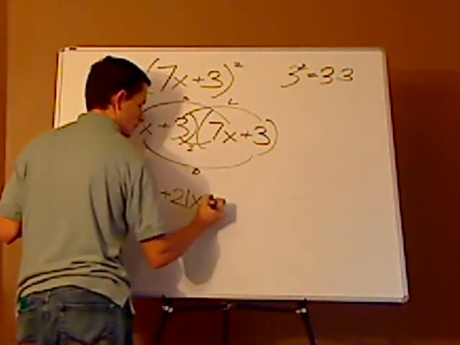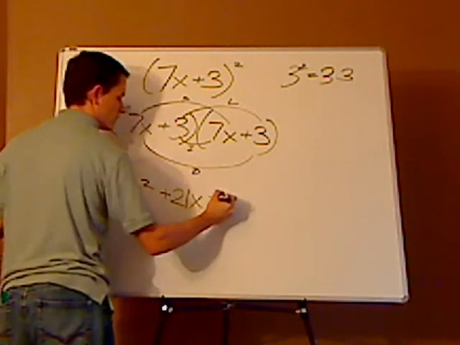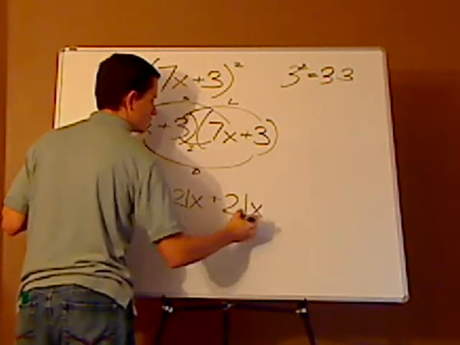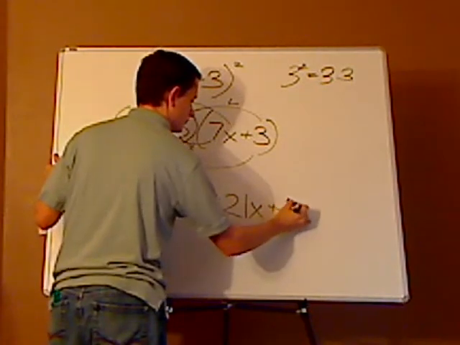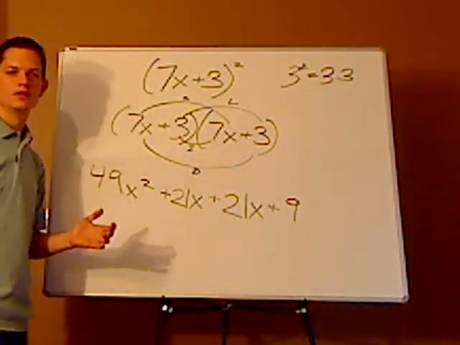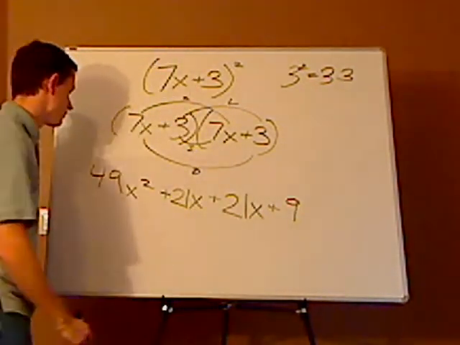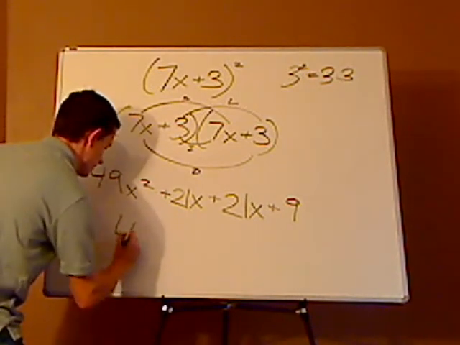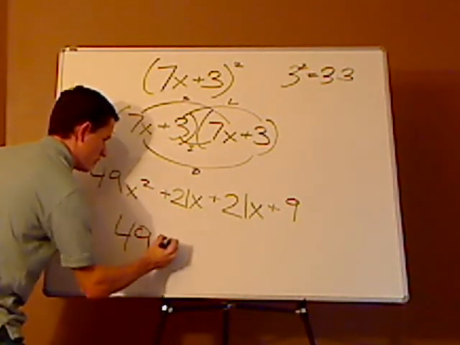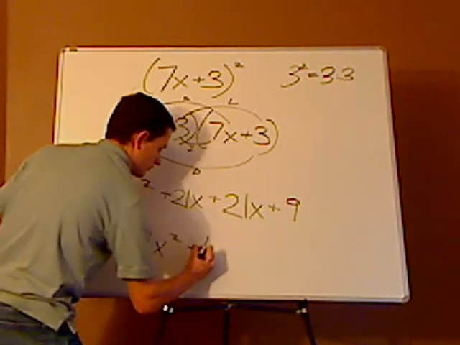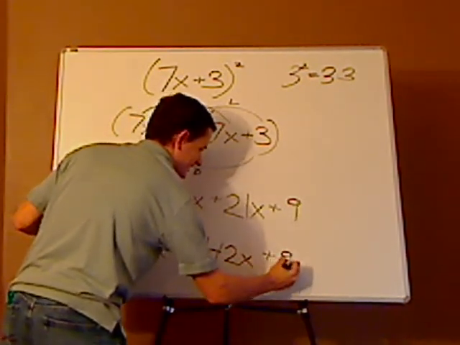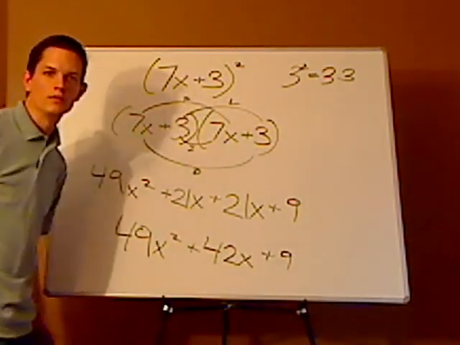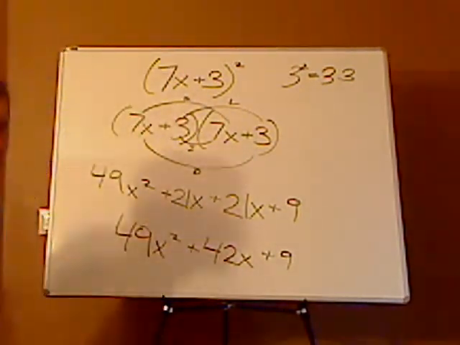Then the inner is 3 times 7x, which is another 21x. And then 3 times 3 gives you a 9. Now you just simply add like terms. So that's 49x squared plus 42x plus 9.